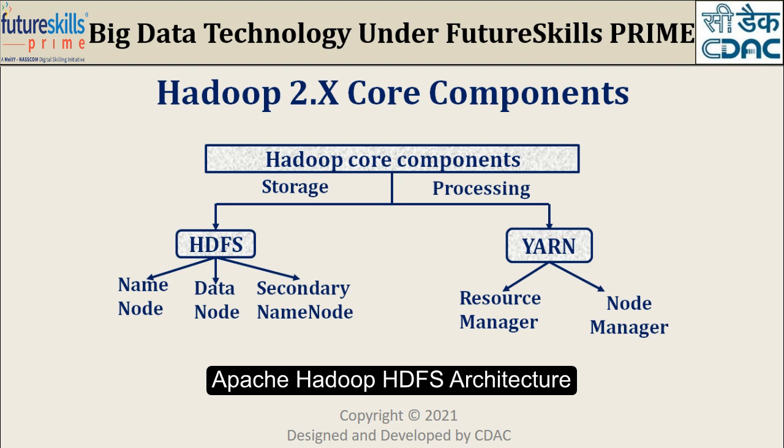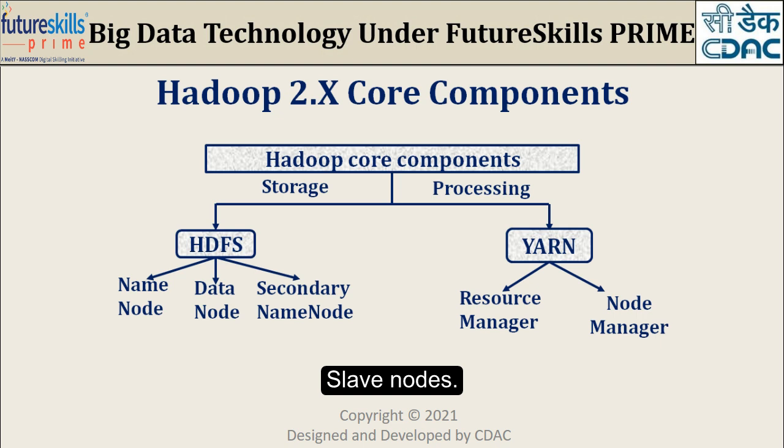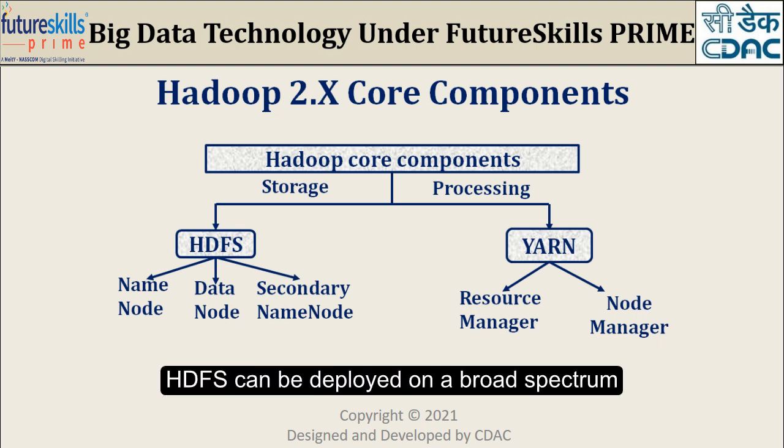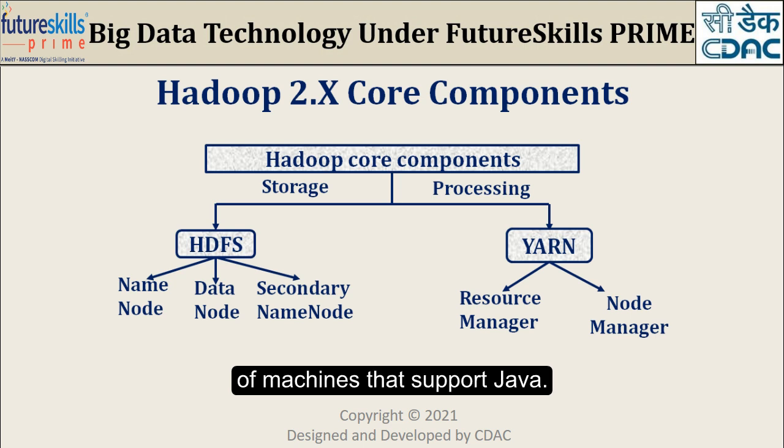Apache Hadoop HDFS architecture follows a master-slave architecture where a cluster comprises a single name node, that is the master node, and all the other nodes are data nodes, which are slave nodes. HDFS can be deployed on a broad spectrum of machines that support Java.